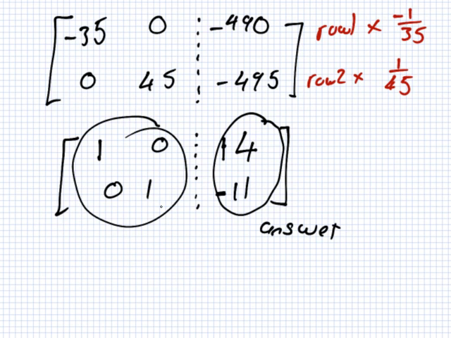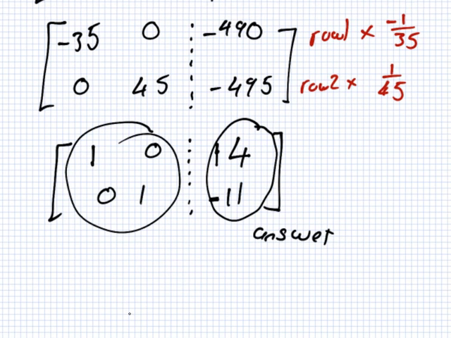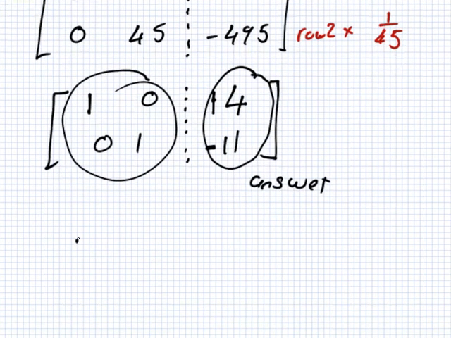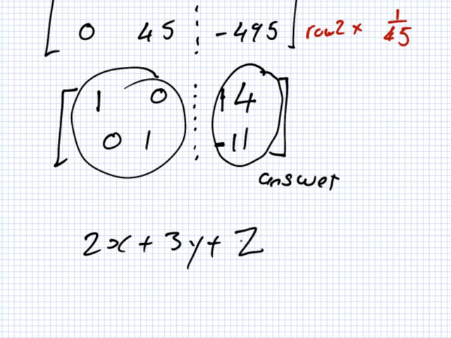Now I know this method seemed very long, and it was very long for this question, because this question is a simple question. But later in the year, when you have questions like this, when you have 3 of them, then this method works really well. Now, some people don't believe me.